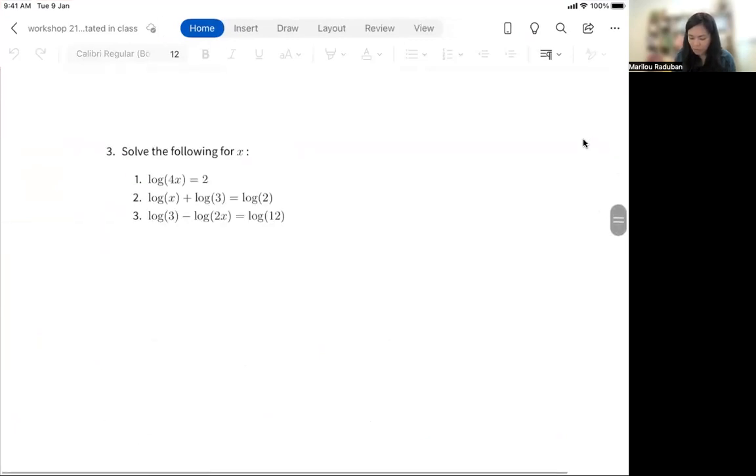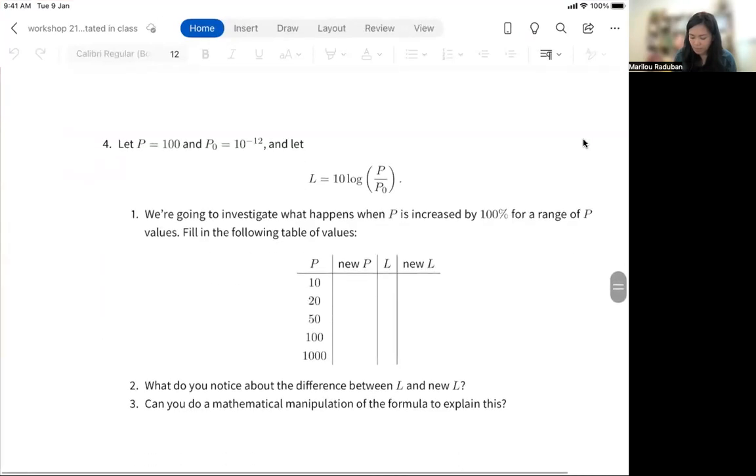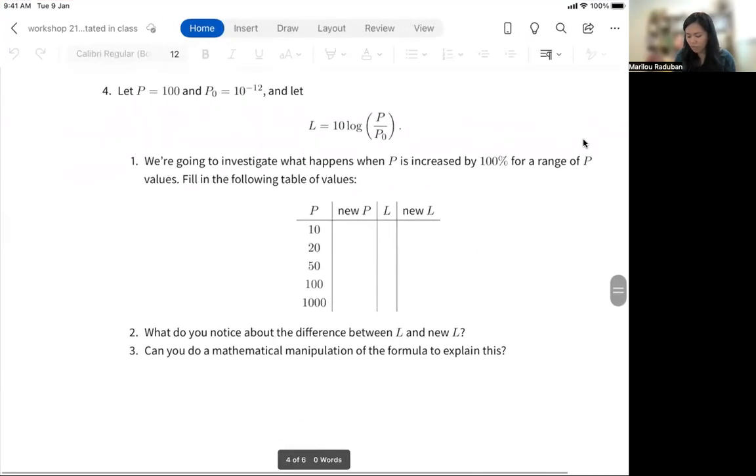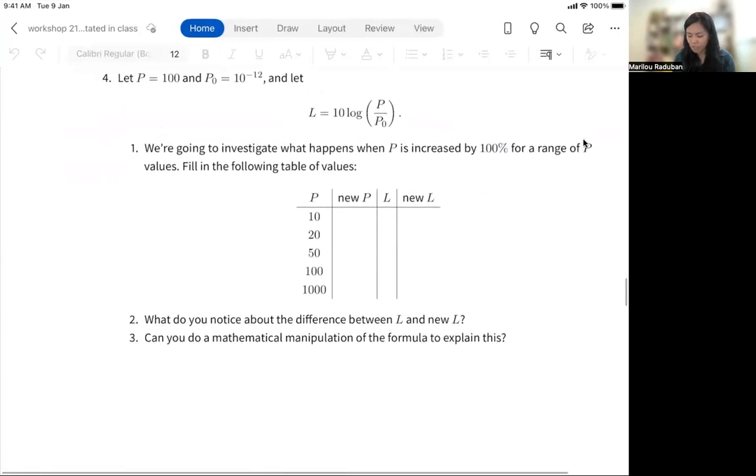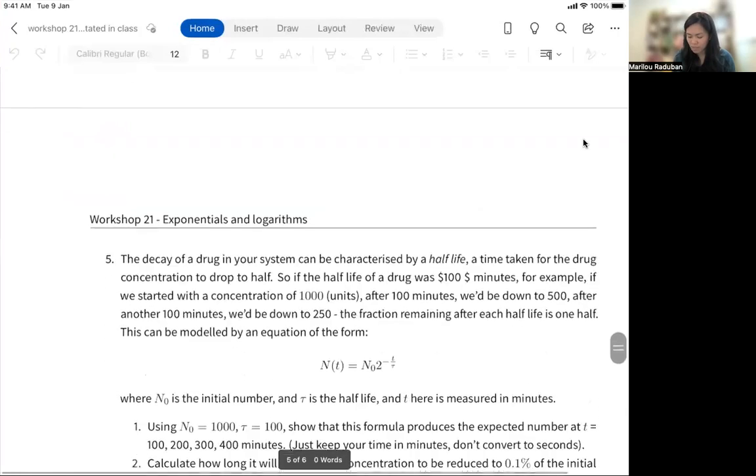And then here is for logs: how do we combine logs and how do we get rid of the logs? And then this is quite a more advanced set of questions, manipulating logs in the context of worded problems.